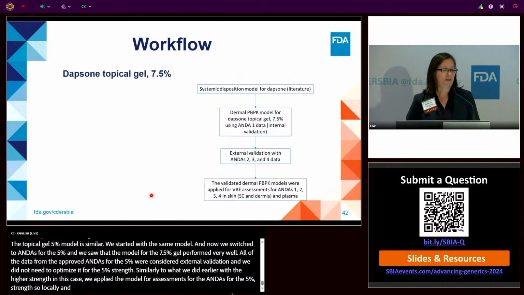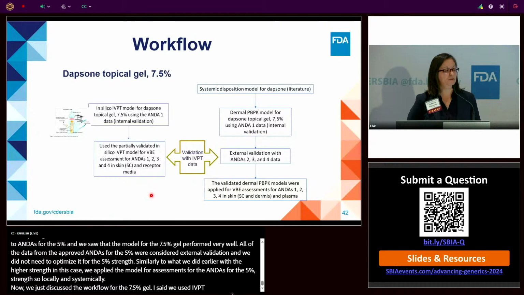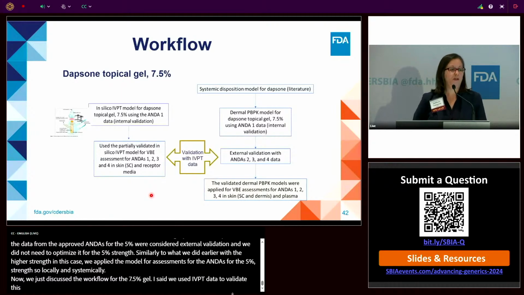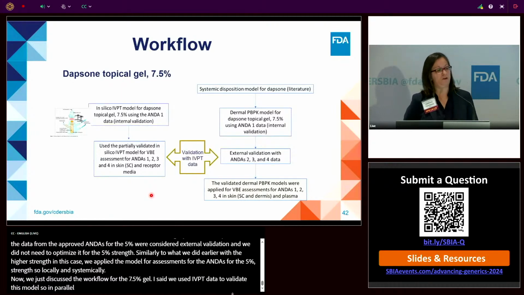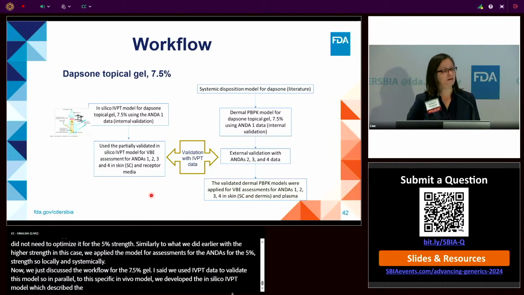Now, we just discussed the workflow for the 7.5% gel, and I said that we used IVPT data to further validate this model. So in parallel to this specific in vivo model, we developed an in silico IVPT model, which described the IVPT study conducted for the Dapsone topical gel 7.5% within an approved ANDA.